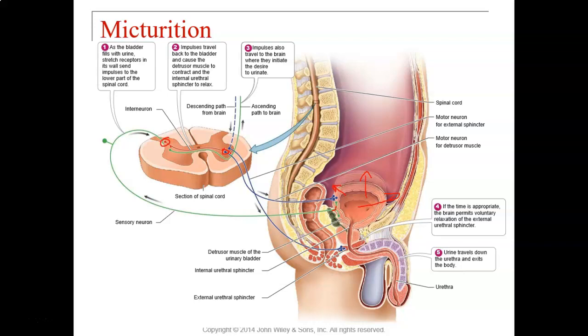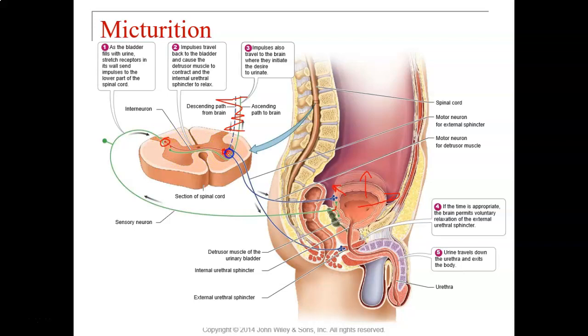If your brain was just left out of the loop, that's why brain-injured people, or those with certain neurodegenerative diseases and conditions, have issues regulating bowel and bladder function. Let's just imagine this didn't occur. Well, that reflex is still initiated.